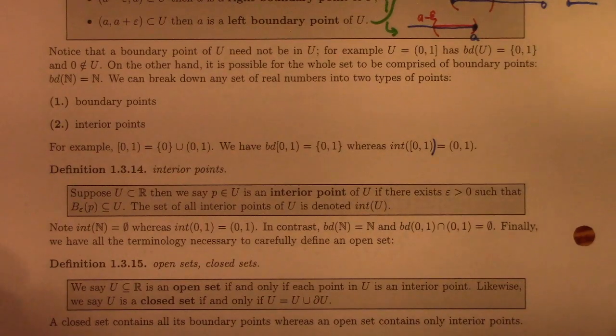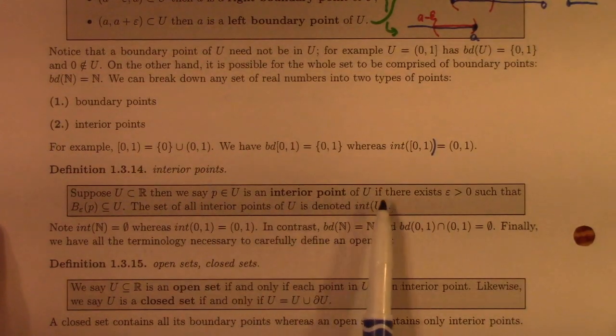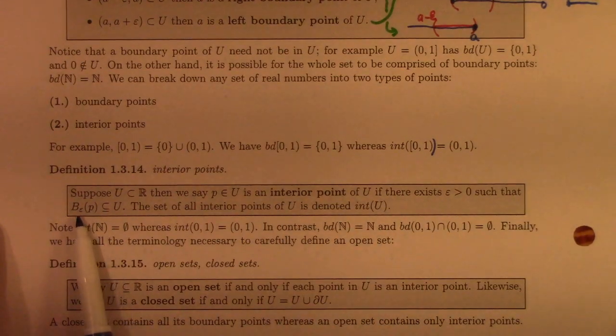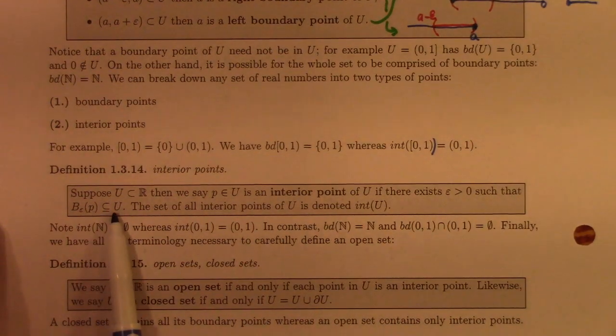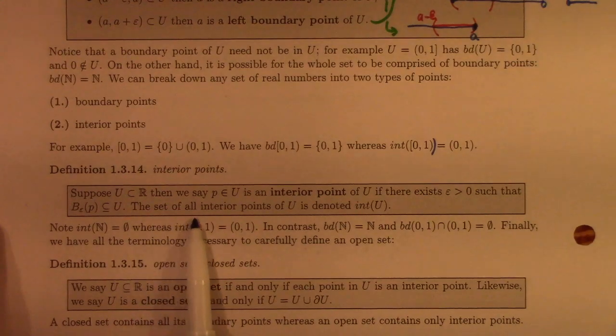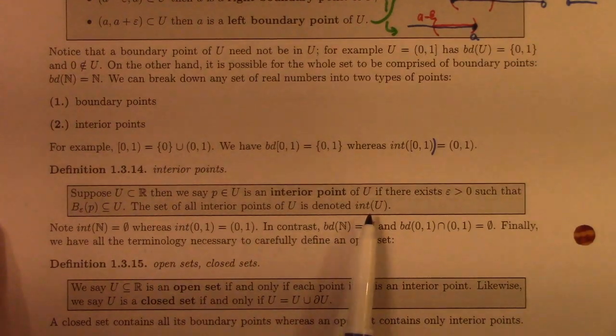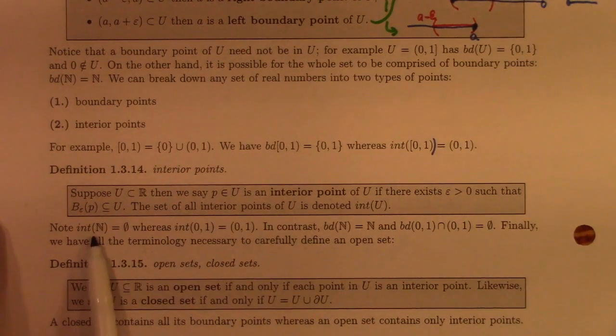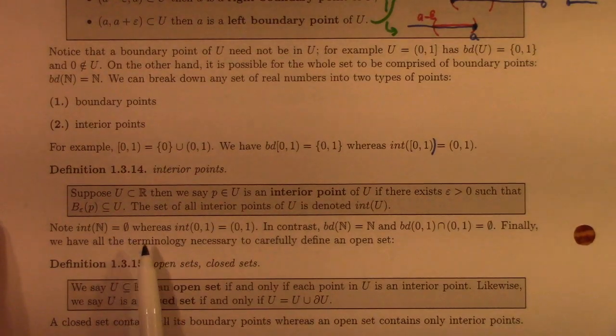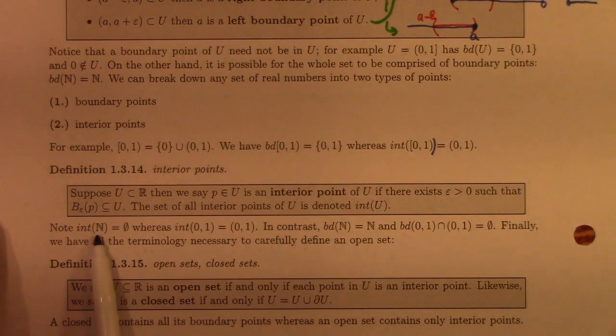I think we've got a definition coming up about that. An interior point means that you can find a ball around the point which is inside the set, and the set of all interior points is denoted int U. The interior points of the natural numbers, there are none, because any open interval around a natural number includes non-natural numbers.